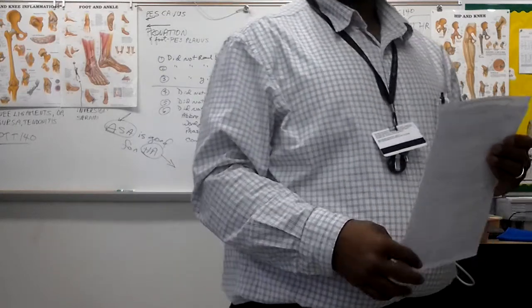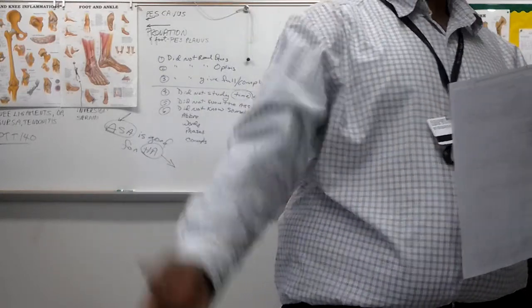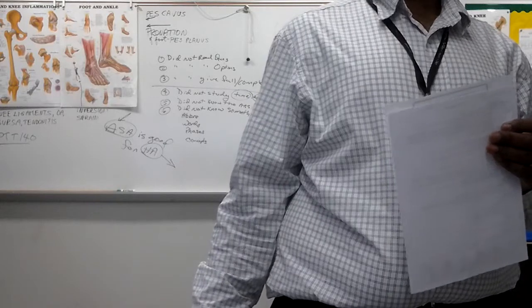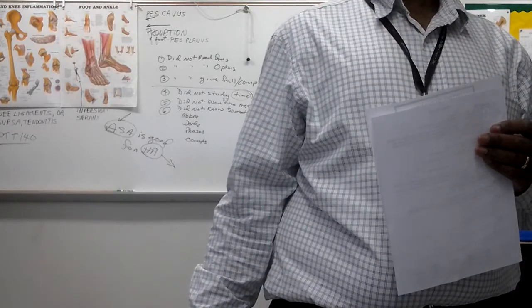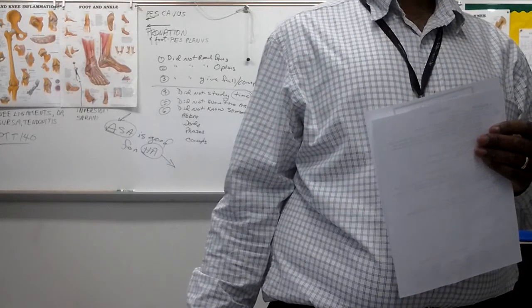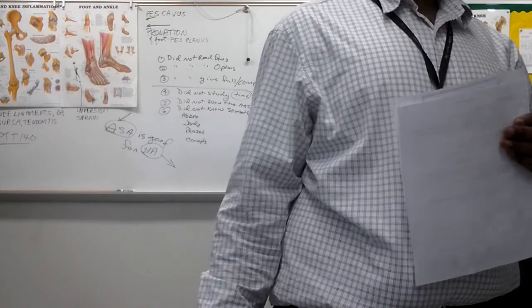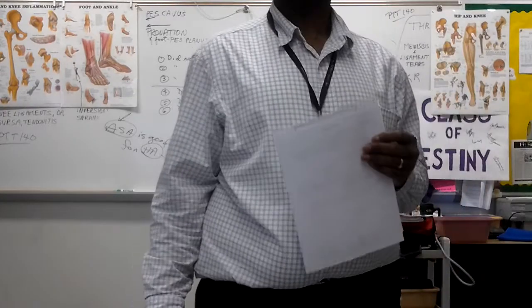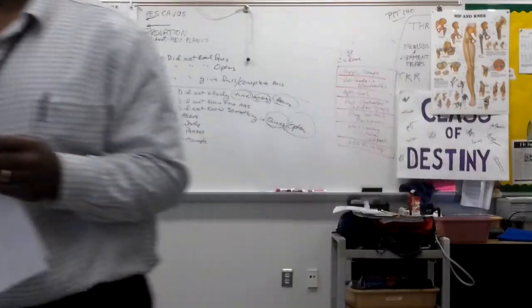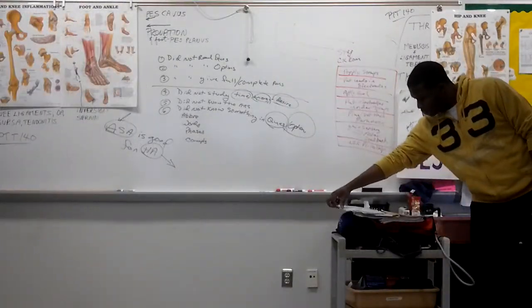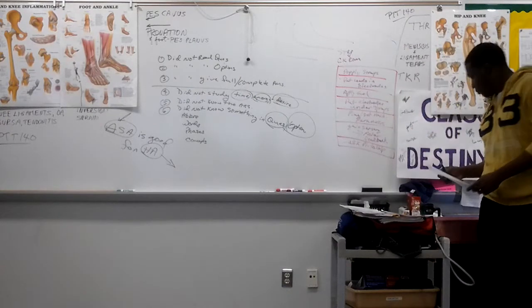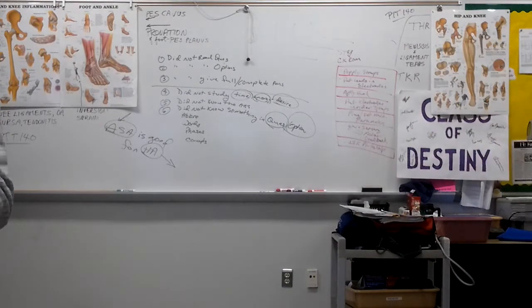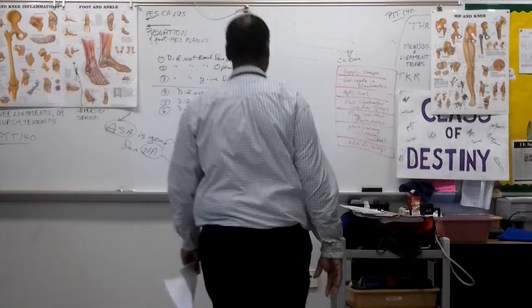ZNC. Zero net charge. That falls with what? Biphasic and polyphasic. Why? Because they have equal neutral charge coming together. They have a positive and negative that gives you one pulse.